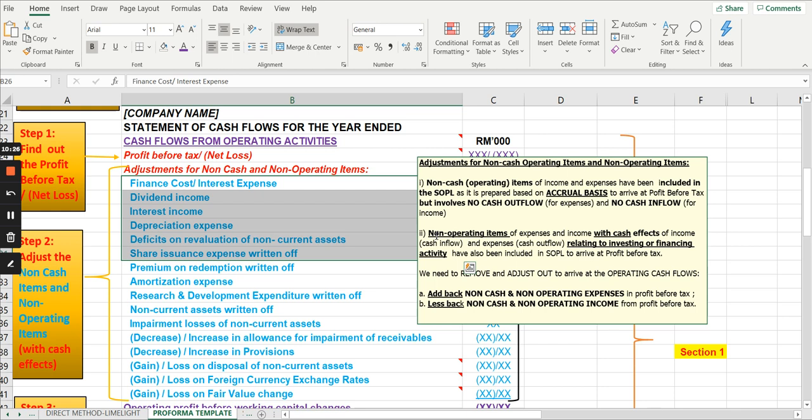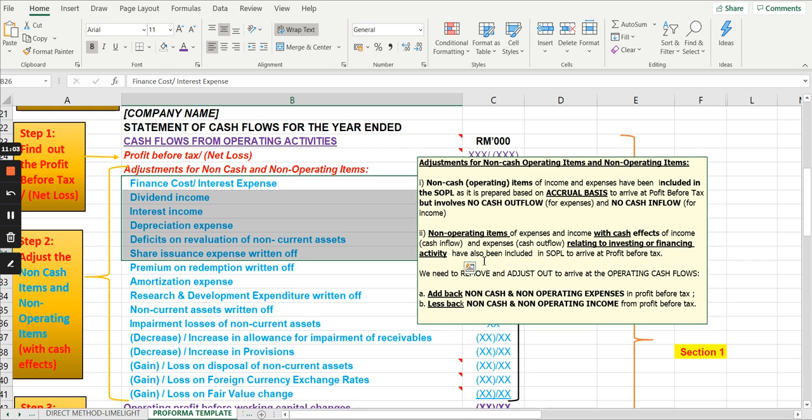Okay, what are the non-operating items? Non-operating items can either be non-operating income or non-operating expenses that have a cash effect, right? Meaning it brings a cash inflow, or if it's an expense, it uses a cash outflow, but it is related to investing or financing activities. However, they have been included in the statement of profit or loss, or in the preparation of the income statement, to arrive at profit before tax.